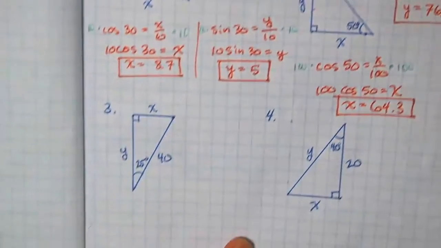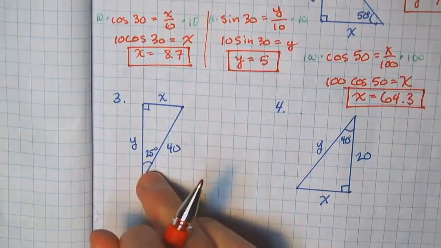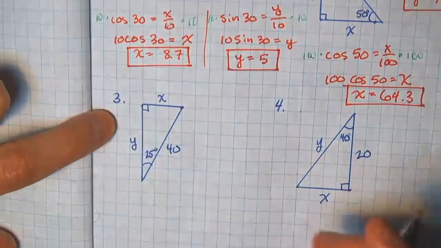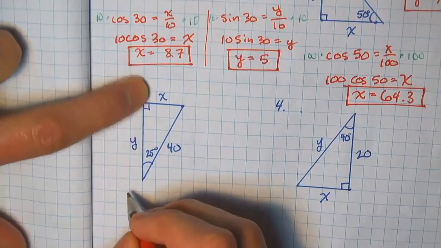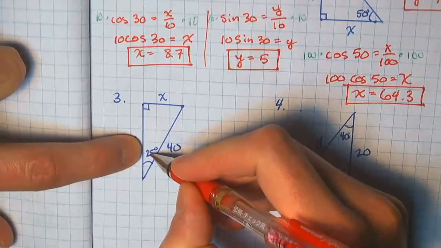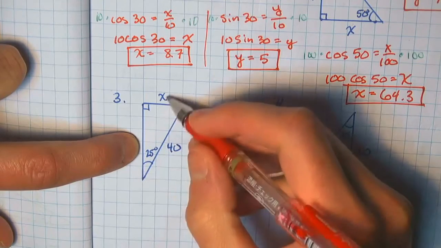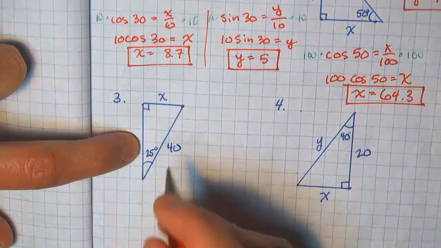Okay, moving along, we have these down here. So in this case, it's giving us this lower angle down here. Still have the hypotenuse, still looking for the legs of the triangle. So that's still going to be x and y. However, because we're given this angle with respect to the vertical, when we go to find x, x is now the opposite because it's the farthest away from the angle.